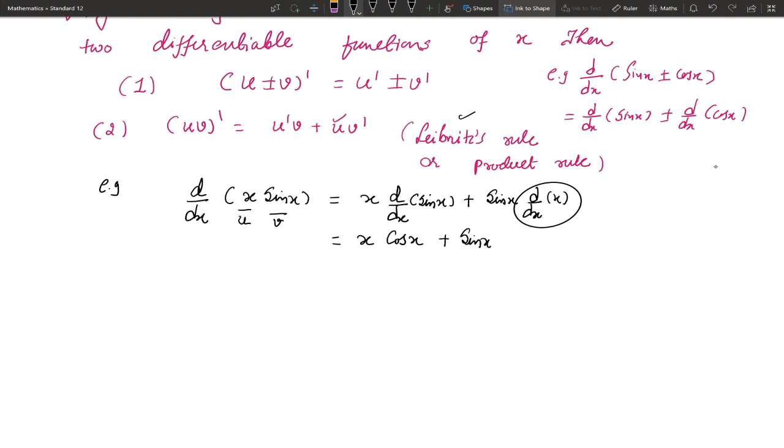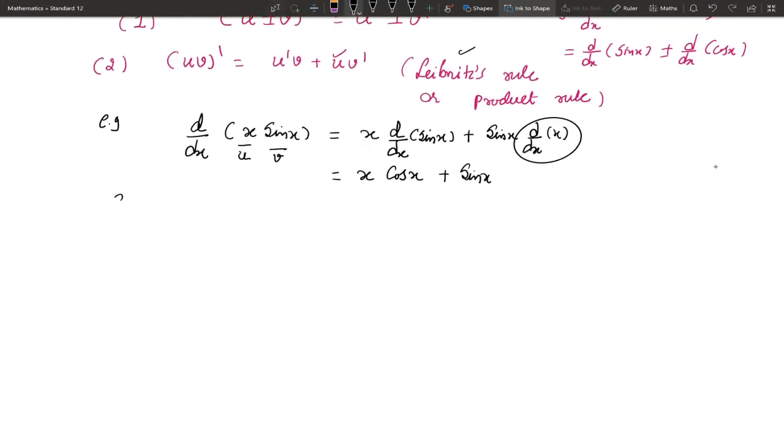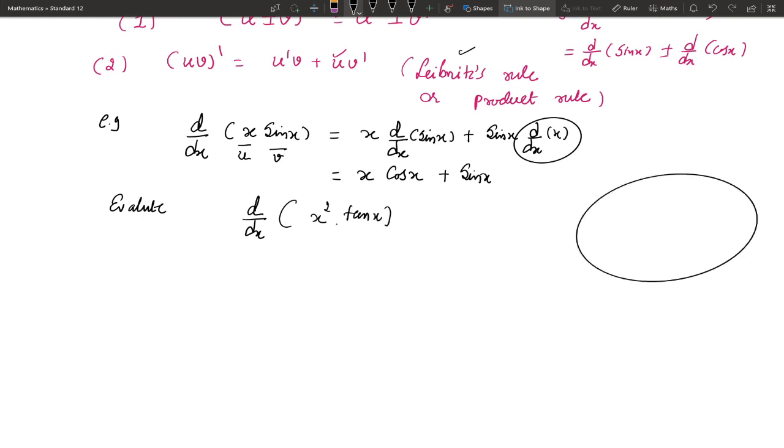We can take another example. For example, evaluate d by dx of x square into tan x. So we use these two formulas: d by dx of x raised to n is n x raised to n minus 1, d by dx of tan x, derivative of tan x, sec square x.